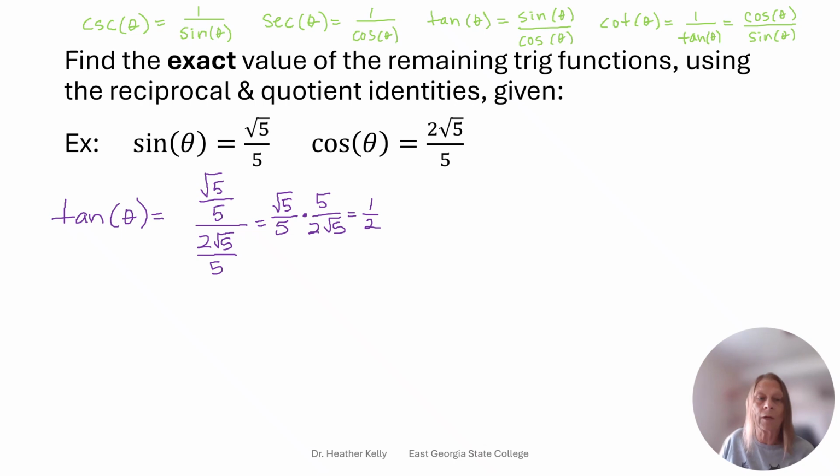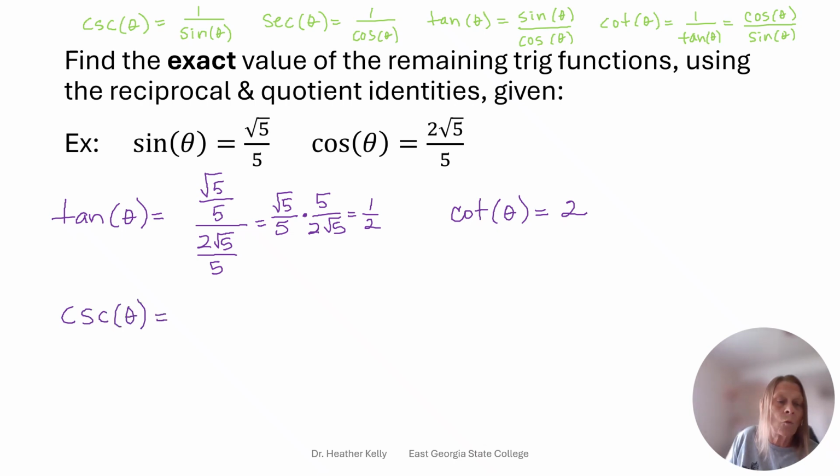So if tan theta is 1/2, I'm going to go ahead, since we're being asked to find all 4 of them, cotan theta then is 2. I'm going to use that reciprocal relationship that I know there and just knock that one out. Easy peasy. Okay, now let's do the cosecant of theta. Cosecant is 1 over our sine theta. And a lot of times students have some difficulty here knowing where to do the flip, but remember that the numerator is 1, and that is 1 over 1.